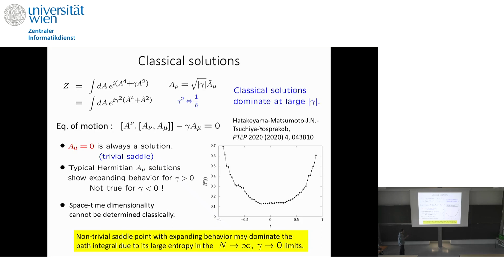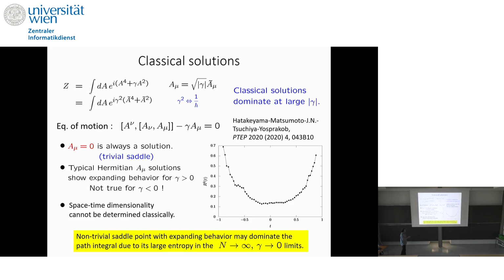Okay, let me just point out that as far as we look at the solutions, the number of space dimensions is kind of arbitrary. You can obtain 2 expanding directions, or 3 or 4 or 5. They all exist as classical solutions. So it is really important to include quantum effects, namely, the effect of gamma being small, in order to determine the space-time dimensionality.